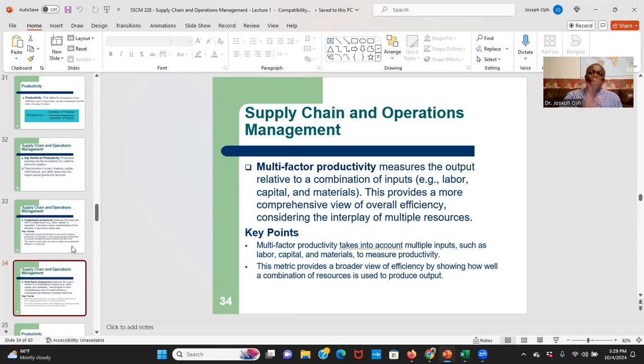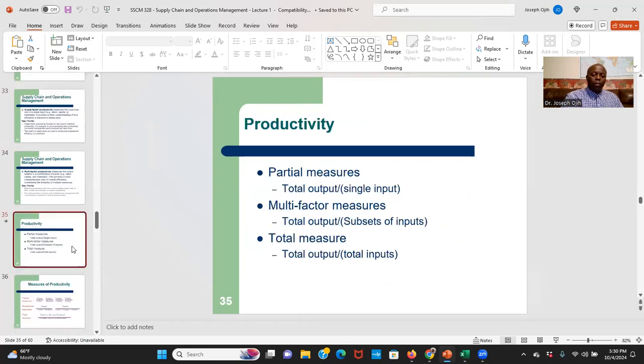So in plain terms, multi-factor productivity takes into account multiple inputs, labor, capital, materials, etc., to measure productivity. We use it especially when we want a broad view of efficiency, by showing how well a combination of resources is used to generate an output. That's the best way to put it.